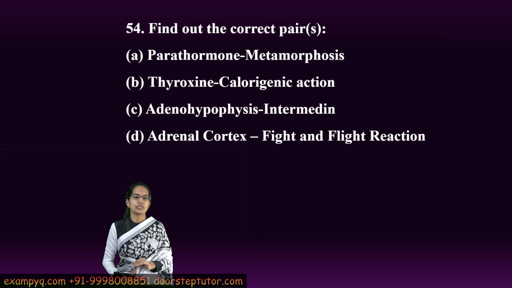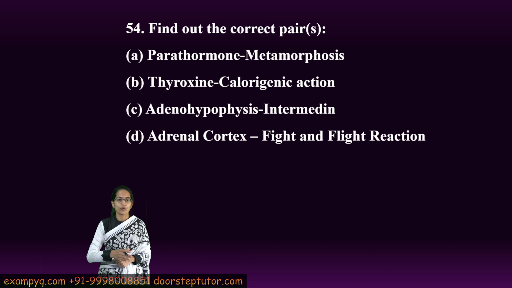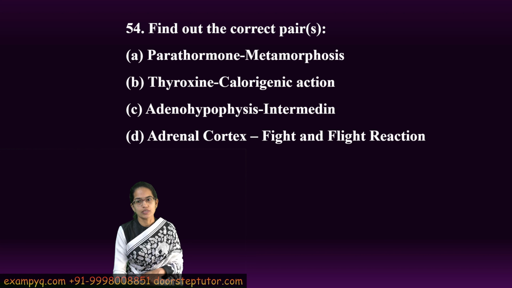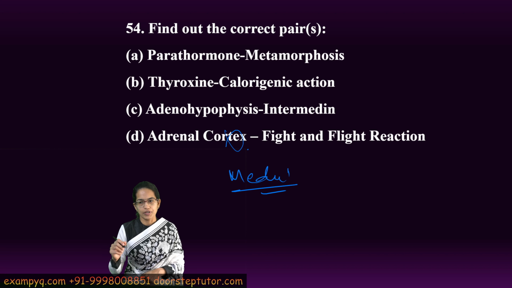The next question is, you have to match the correct hormone with the correct function. Adrenal medulla is known for the fight and flight responses, right? So very important: it's not the cortex, but the medulla which is responsible for fight and flight responses.